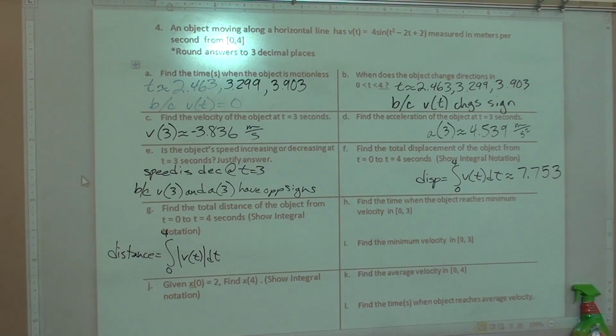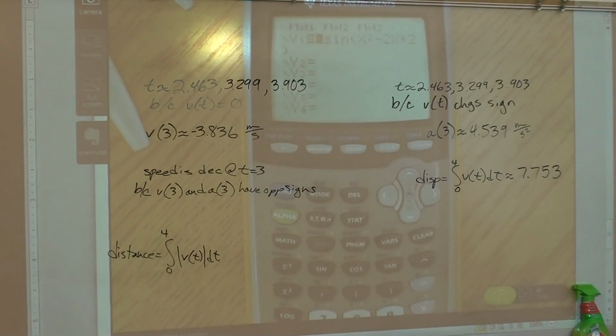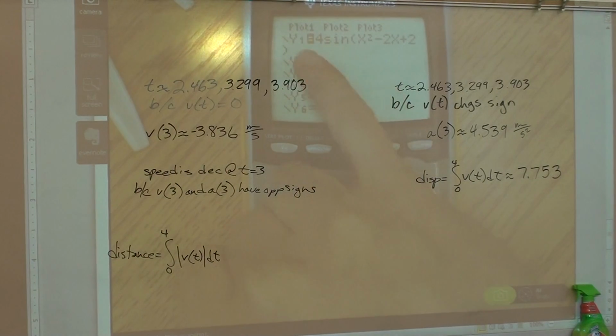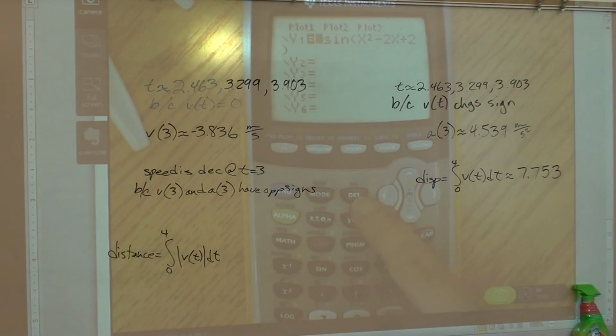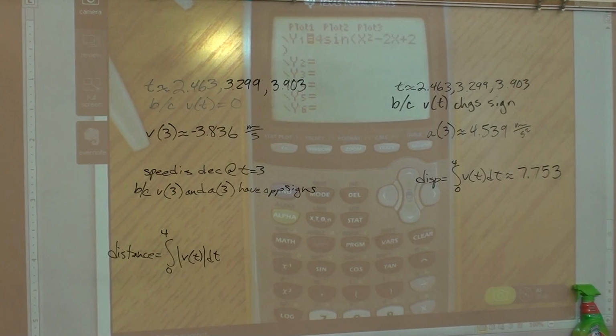To put the velocity function into an absolute value, it depends on what kind of setup you have on your calculator. Mine's just a straight old 84. So to put an absolute value around this function, I start by turning on insert. I hit second delete, and now your 4 should be blinking, ready to insert in front of the 4.